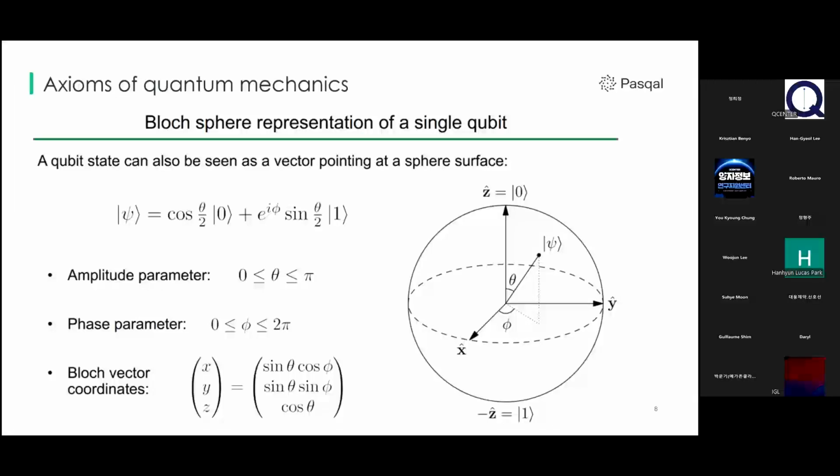This mathematical representation of using a sphere was introduced by the German mathematician Emanuel Bloch back in the 30s, if I'm not mistaken. And this is based on a simple mathematical observation that the surface of the sphere can inherently be connected to what we call the complex plane, in a sense, or the complex projective plane, to be more exact.